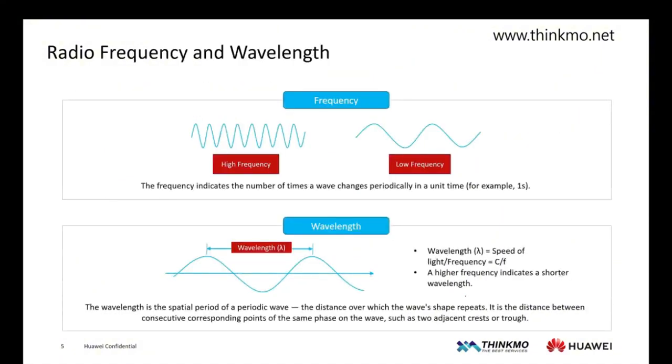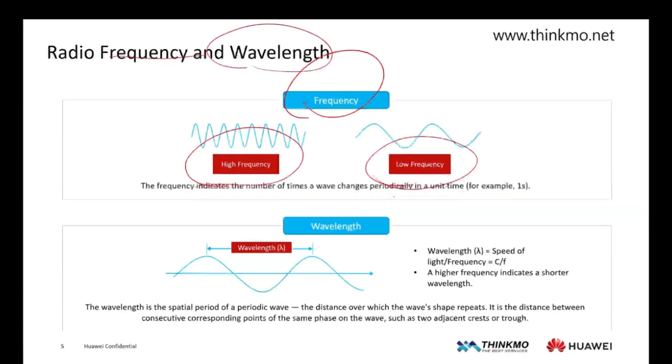Let's take another look at the frequency of radio waves and the wavelength. First, let's look at the basic parameters of radio waves. The first thing involved is frequency and wavelength. Frequency is divided into high frequency and low frequency. I believe this is very easy for everyone to understand. High frequency refers to how many waves can be transmitted in 1 second.